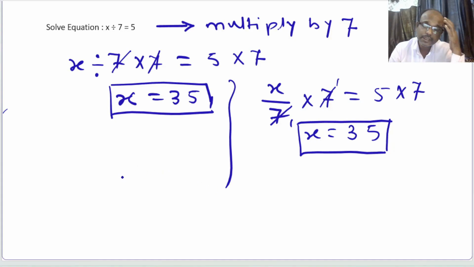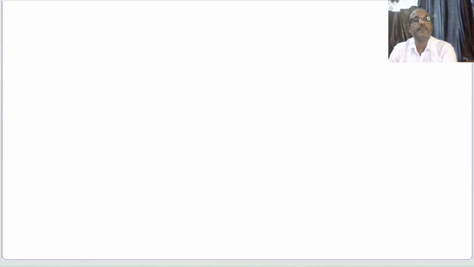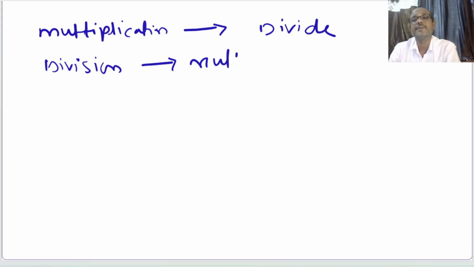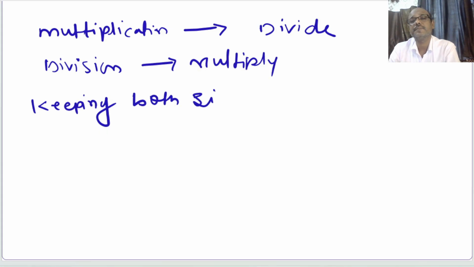So till now what did we learn? If multiplication is there, we are going to divide, and if division is there, we are going to multiply, keeping both sides balanced.